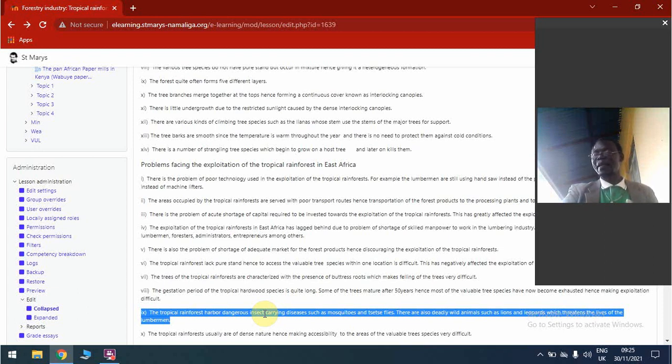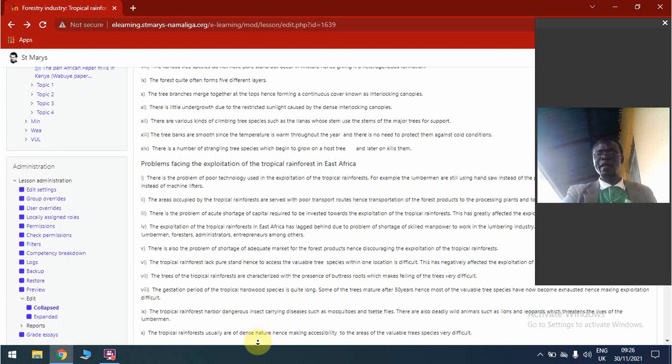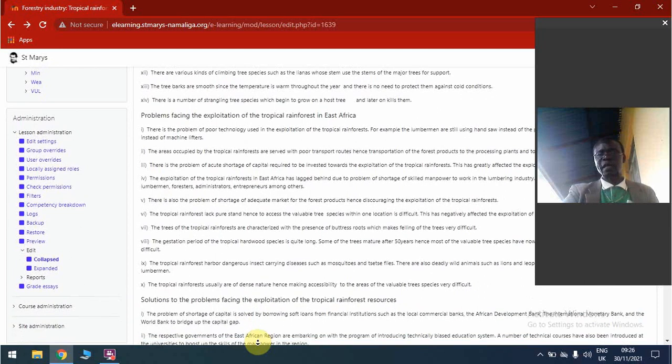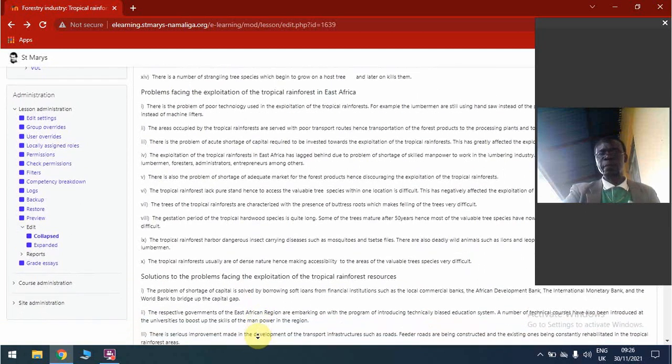Malaria is very rampant among the lumbermen. Sometimes they are attacked by wild animals like lions. So this has actually endangered the lives of the people who exploit the tropical rainforest tree species.